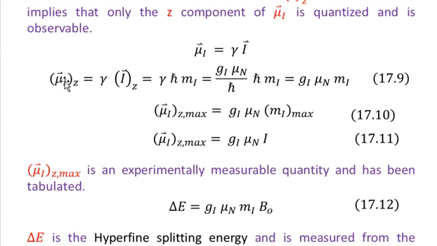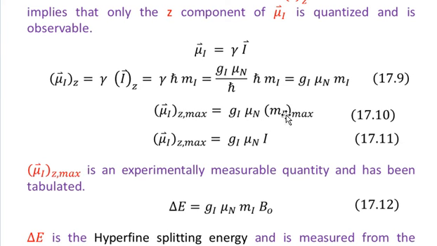So the z component of mu I is mainly determined by the spin magnetic quantum number of the nucleus. If you want the maximum value of that component, then mu Iz maximum is equal to gI into mu n, taking the maximum component of mi.